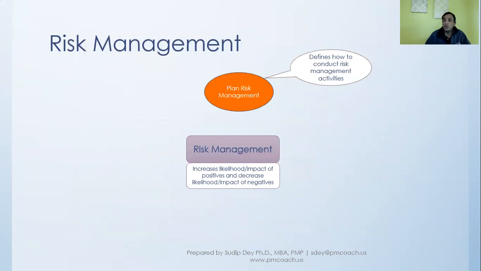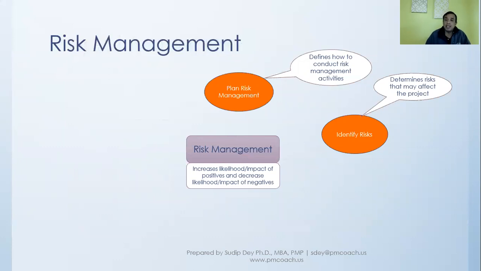We'll put together a roadmap on how to go about all the risk management processes. Then we'll take up identify risks. This is where we'll use different tools to determine what risks are there in the project.